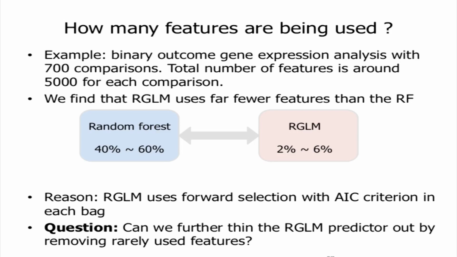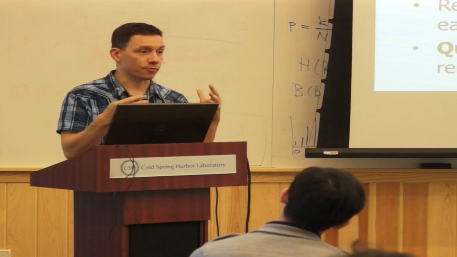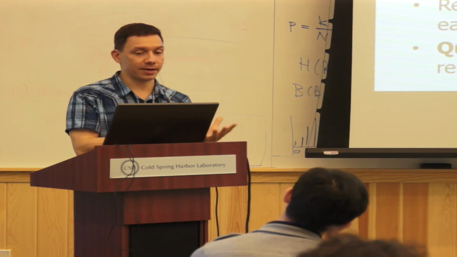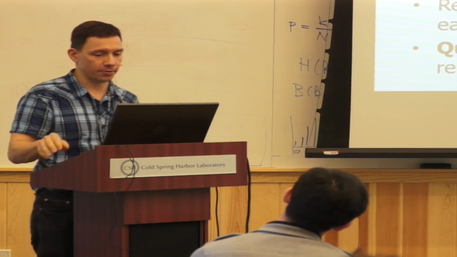So let's look at that in comparison to the random forest predictor. If you have a typical application, then the random forest may select 40% of the genes somehow in its construction. When you have your 5,000 or 50,000 probes, roughly half of them will be needed in the random forest, which is why it's a black box predictor.